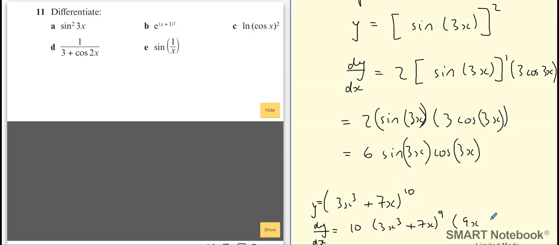So I would have said 9x squared plus 7 here. Okay, and you're asking me where did this come from? It came from differentiating a square bracket. Okay, so it's exactly the same as what we are used to when we differentiate a bracket.